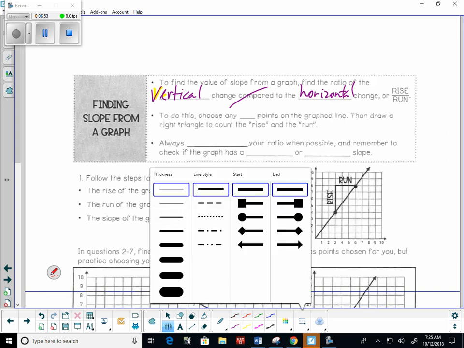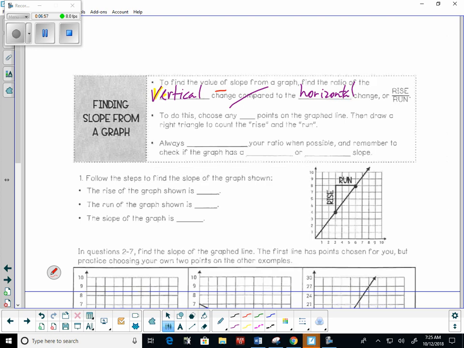It means subtracting, okay? So when we see change, that means subtract. These are our words that we'll be using a lot when we're talking about graphs. Rise over run. To do this, count any 2 points on the graph. Then draw a right triangle to count the rise and the run. Always simplify. It's not correct unless you simplify your ratio when possible.